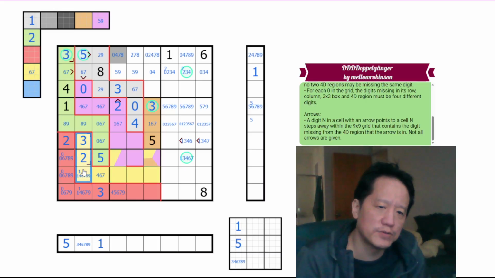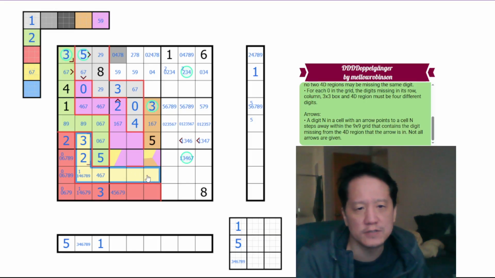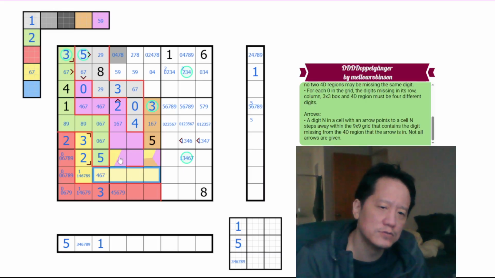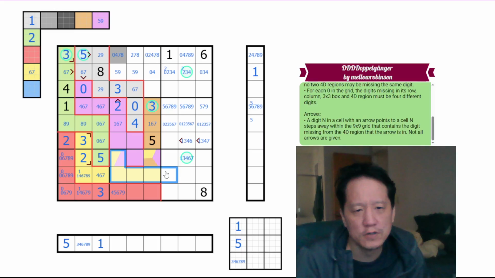We have 1, 2, 3, 4, 5, 6, 7. We can only go 8 and 9. And we need an 8 in yellow region. So that means 8 has to be one of these. So it could be here, I guess. Okay, so that doesn't help us as much. Okay, never mind.